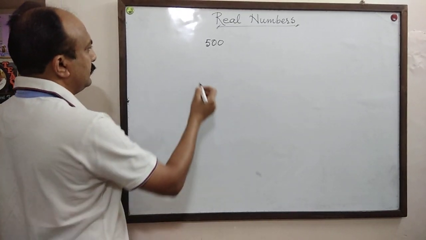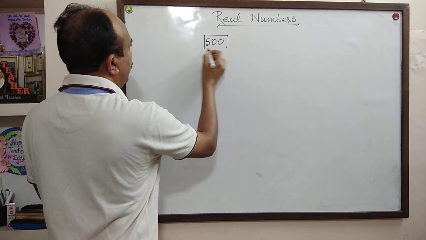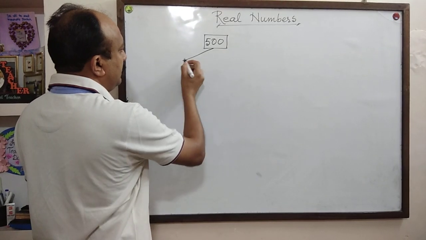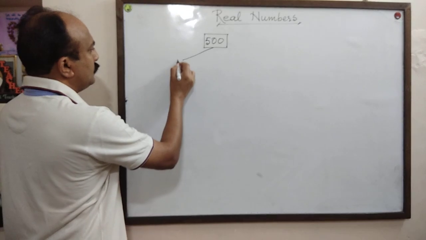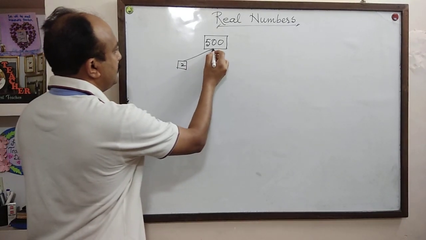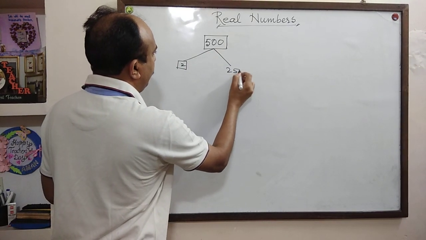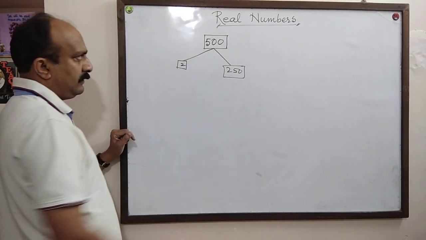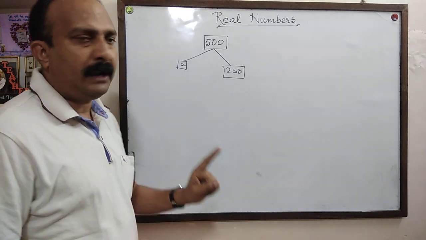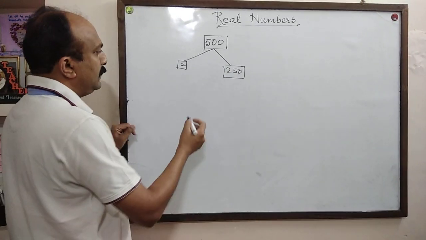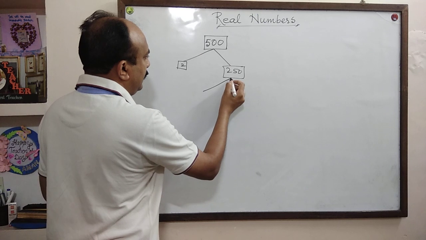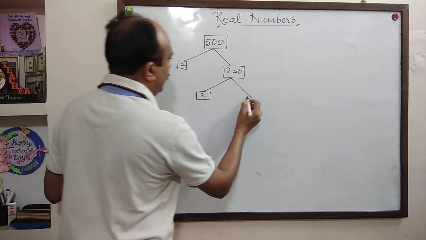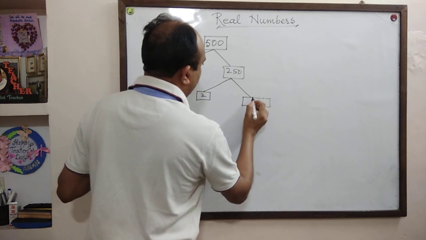500 is a composite number. This number 500 is divisible by the first prime number, that is 2, and the answer is 250. So when we divide 500 by the lowest prime number 2, the answer is 250. Now this 250 is again divisible by 2, and the answer is 125.